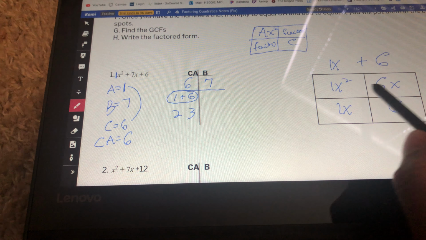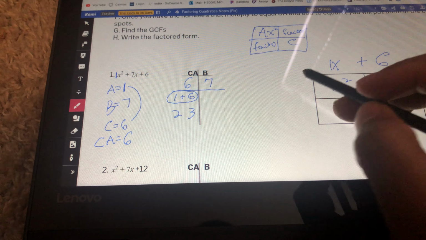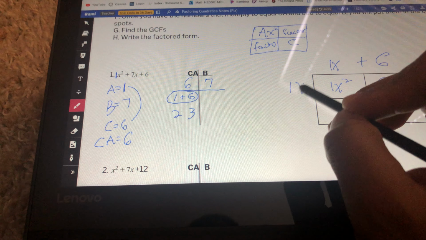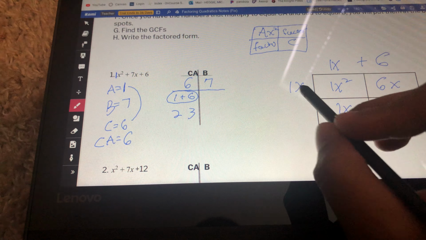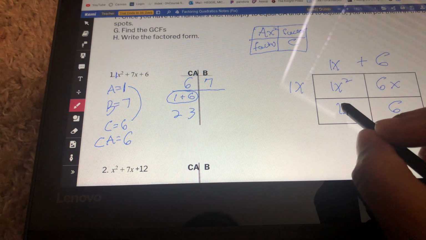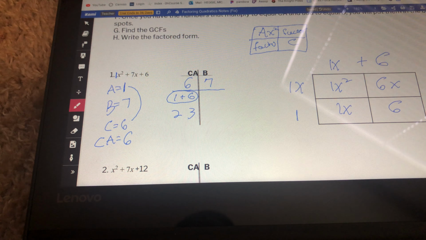Then I look at the row and say, what does 1x and 6x have in common? Well, again, they have 1x in common. So that's our greatest common factor. As we're doing the box, we're looking to factor out the greatest common factor. Then I do the same thing down here. I got 1 and 6. The only thing they have in common is 1.